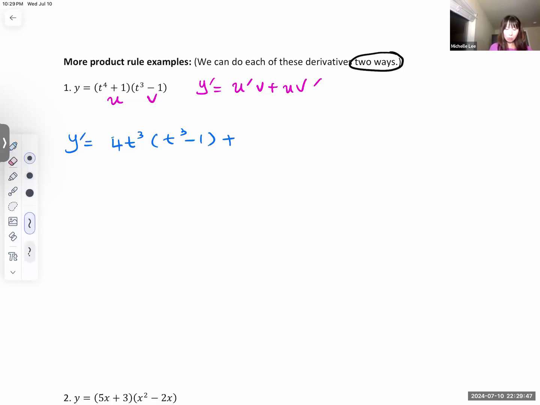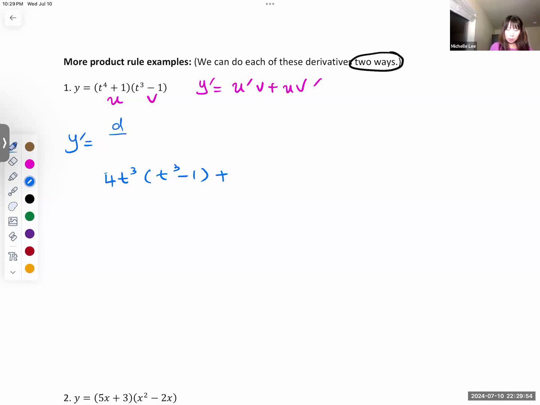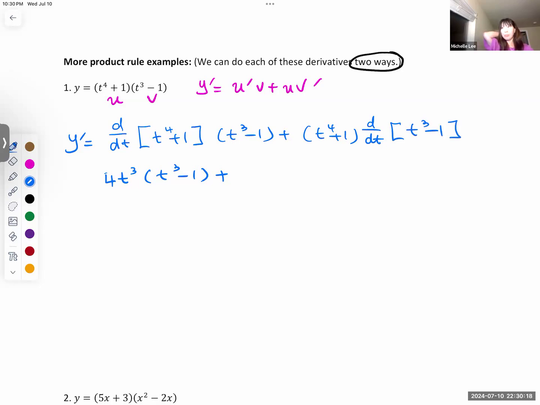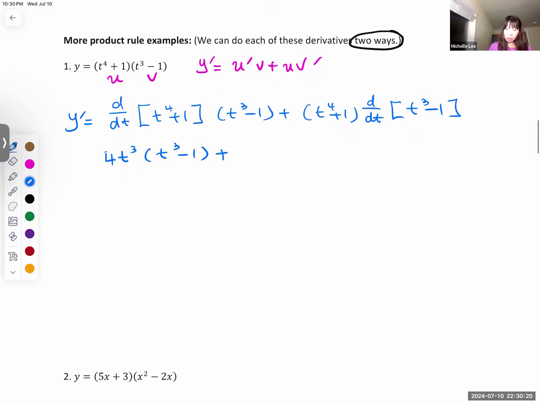So let me rewrite this one for you, because this is the first time. So we want the derivative with respect to t. So t to the fourth power plus 1, and v, t to the third minus 1, plus u, t to the fourth power plus 1, v prime, means that we want the derivative with respect to t of t to the third minus 1, right? Okay. Now we get that.